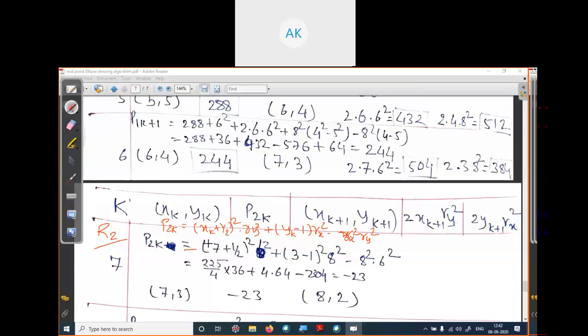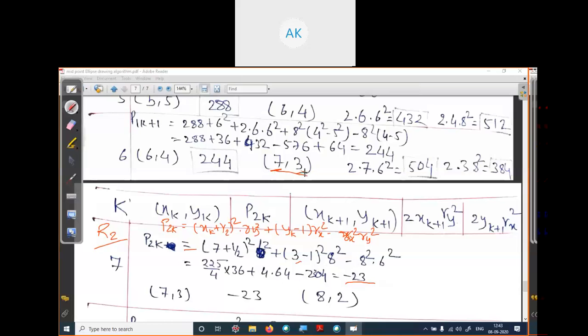Put the values of xk and yk. Your xk value is 7 and yk value is 3, because it is the initial point for region 2. As you know, the rx and ry values are 8 and 6 correspondingly. Put these values and calculate: the initial decision parameter of region 2 is minus 23. So our initial point is 7 3.